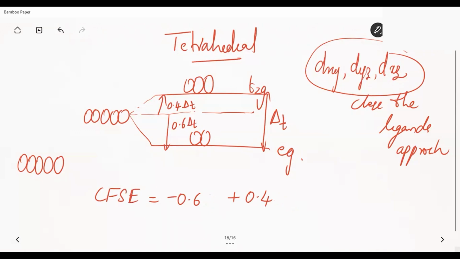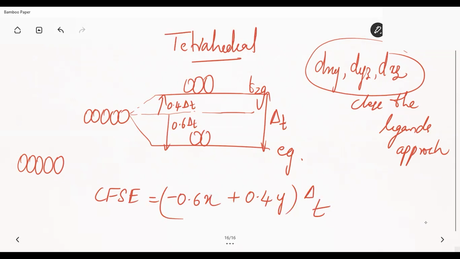The number of electrons in eg is x, and in t2g is y. So this is called the crystal field splitting energy of tetrahedral field. This is the calculation. Just reverse, you have to understand. That is the only difference because dxy, dyz, and dxz are close to the ligand's approach. So that's all about tetrahedral splitting.